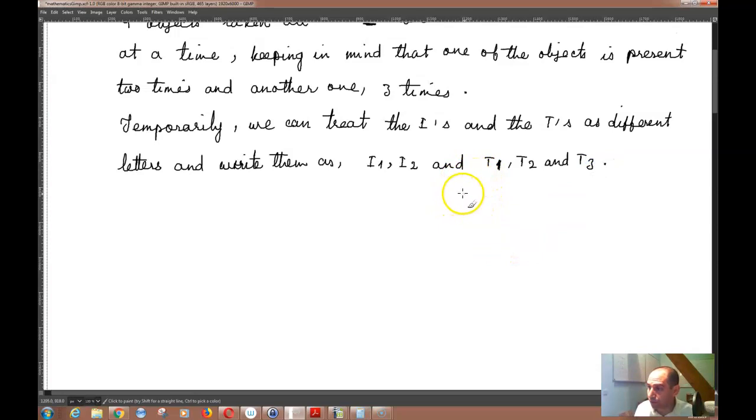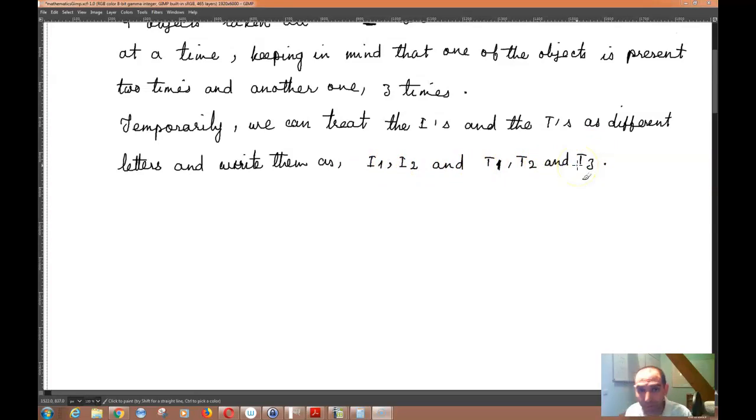This is important, you need to pay attention to this. So we said that temporarily we could treat the I's and the T's as different letters.